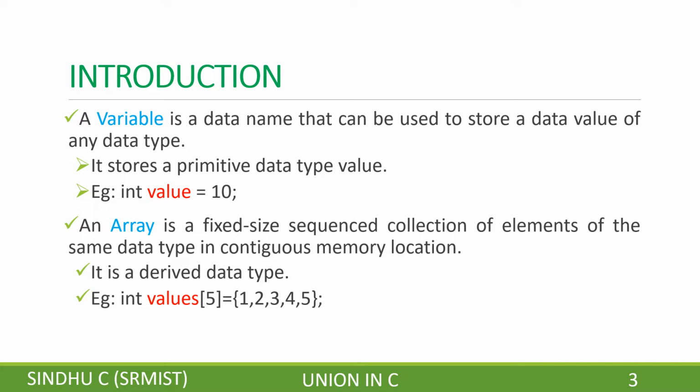So here the values are 1, 2, 3, 4 and 5. So a primitive data type variable can store only one value. It can be of any primitive data type value. An array variable can store multiple values of the same type, and it is always stored in contiguous memory location.